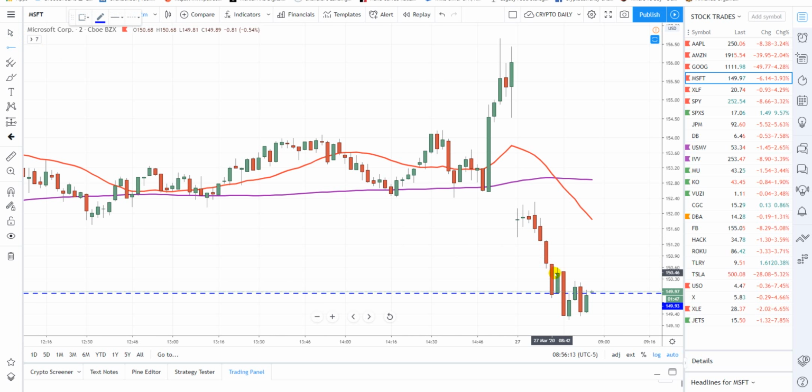Looking for, well, let's see if we can get up. I don't know if we'll get up that high. If we get it to the top of this candle, I'll go ahead and call it good. And we're just kind of in no man's land right now.